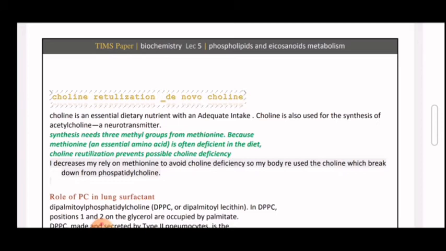Choline is very important to be used in the synthesis of acetylcholine, which is a neurotransmitter, mainly for the parasympathetic nervous system. Synthesis of choline needs 3 methyl groups from methionine. Remember, methionine is an essential amino acid which is deficient in the diet, so reuse of choline prevents possible choline deficiency.